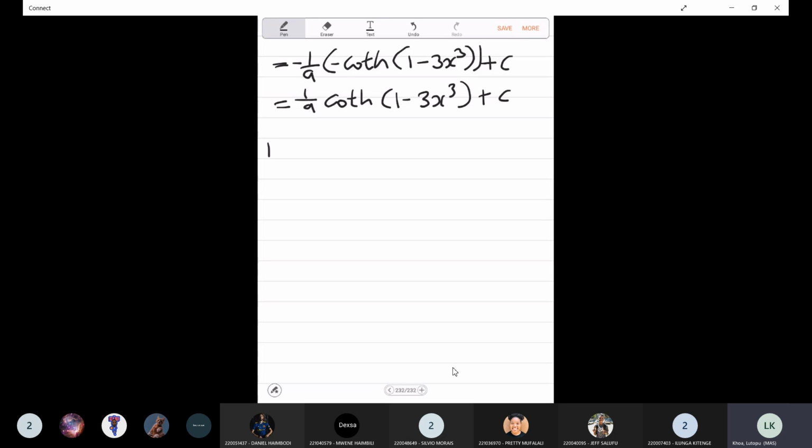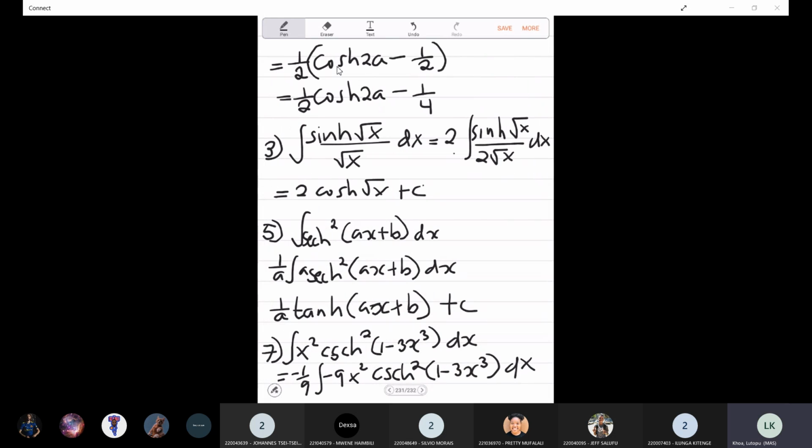Okay, let's look at number 11. Isn't it supposed to be positive cot, hyperbolic cot? Yes, because the cosec is already negative. Are you saying my final answer should be positive or this cot should be positive? It's negative cosec squared, right?